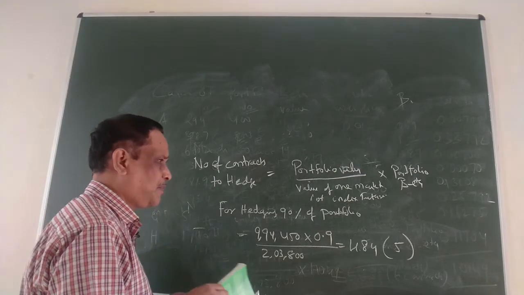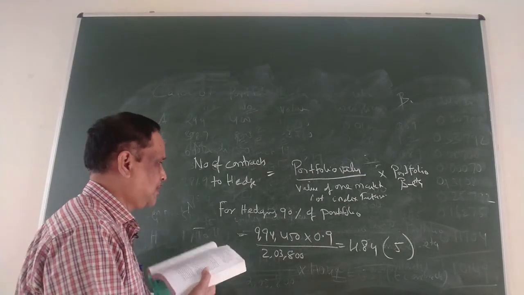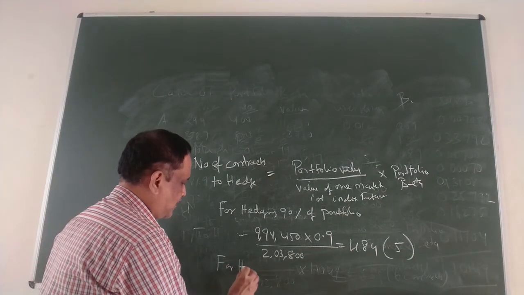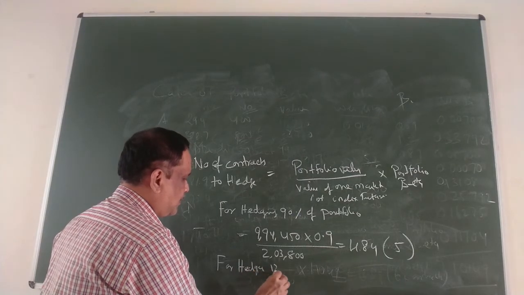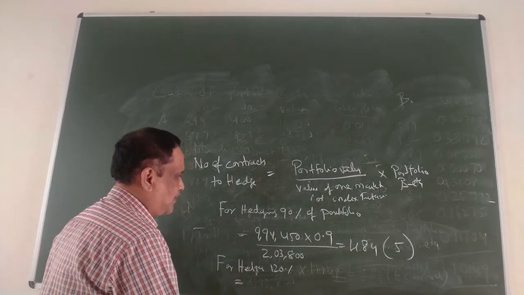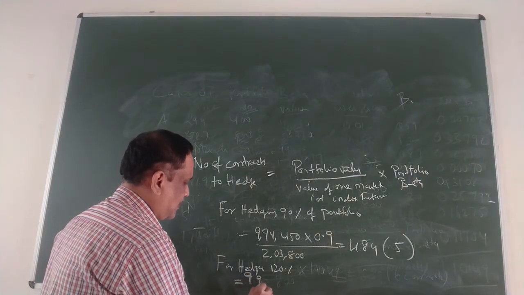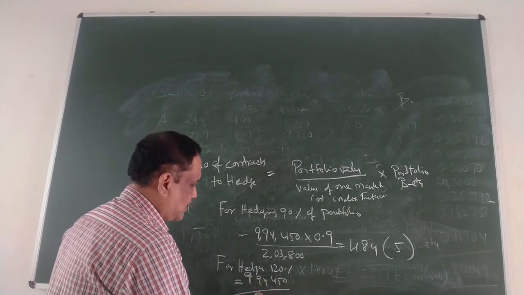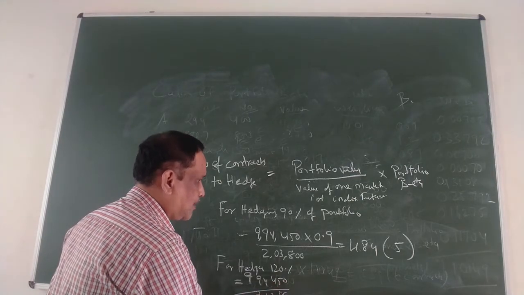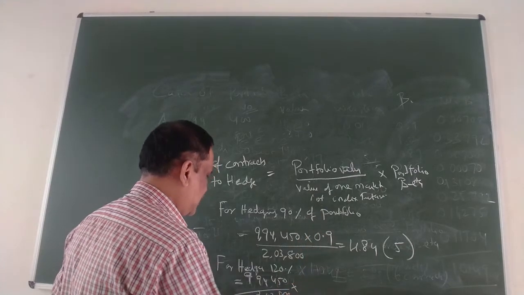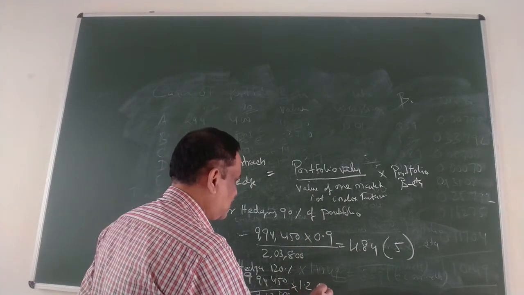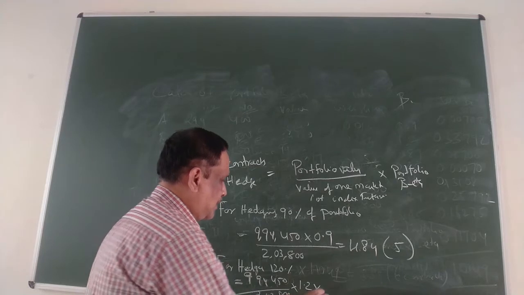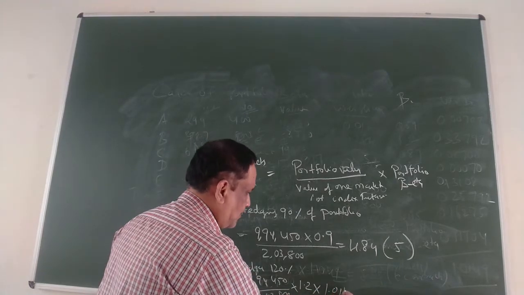And for hedging 120% of the portfolio, the same formula: 9,94,450 divided by 2,03,800, multiplied by 1.2, into again the portfolio beta, 1.0149.